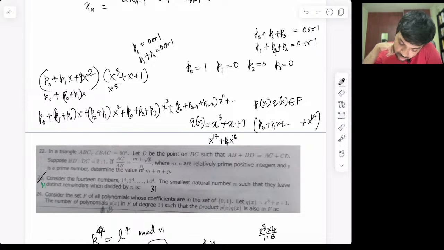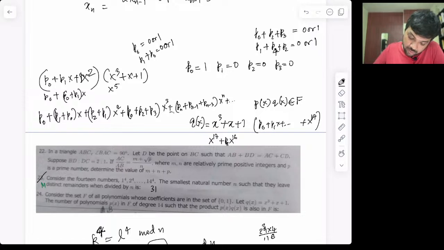So P1 was 0, P2 was 0, so P4 was either 0 or 1. We had a choice for P4, and that was free. It's a new free variable. So up to x cube there was some problem, but from x power 4 onwards there's no issue.